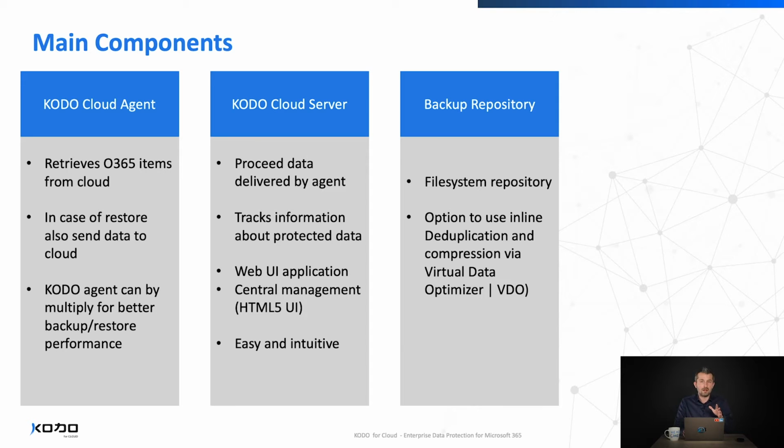So let's talk about the different components in KODO itself. The first component is the KODO Cloud Agent. The KODO Cloud Agent is responsible for connecting to the Office 365, Microsoft 365 cloud, and it receives the data using the Graph API.